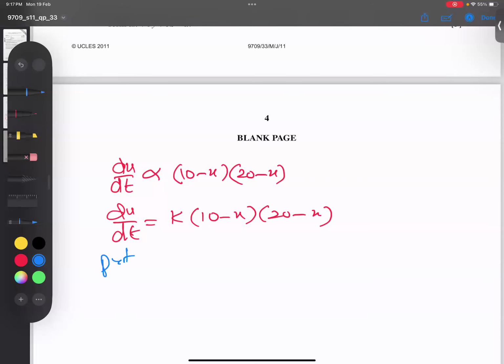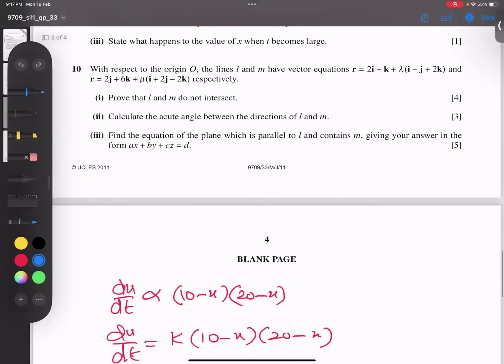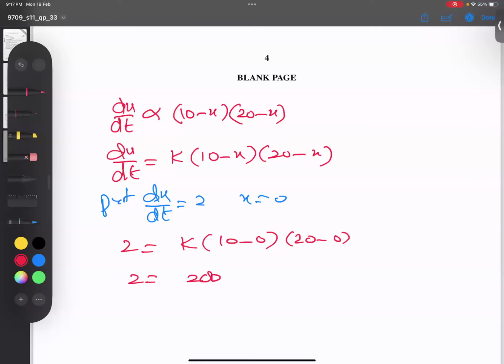If you look carefully, dx over dt is 2 when t and x are 0. So dx over dt is equal to 2 and x is 0. When I plug in 2 here, and k times 10 minus 0 and 20 minus 0, I get 200k.